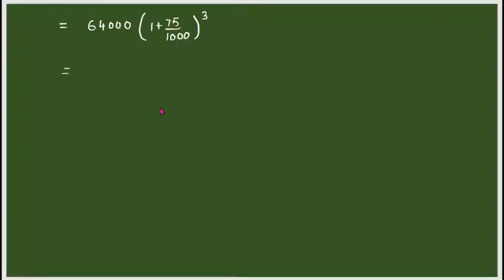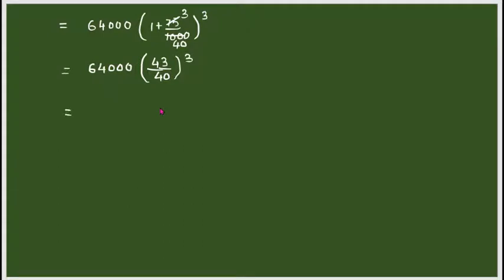That is 64,000 into, so by cancelling by 25, we get 25 3s are 75 and 25 4s are 100 and 10. So by converting into improper fraction we get 43 by 40 power 3.